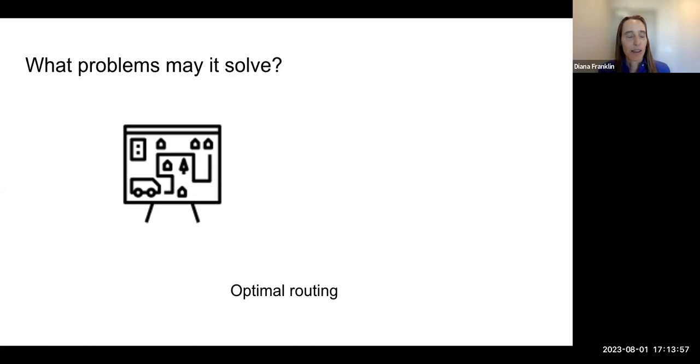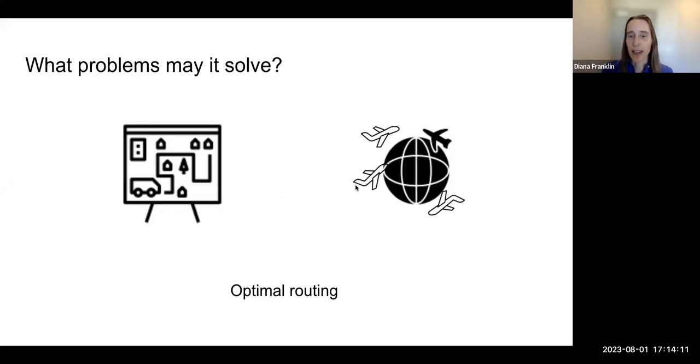And the question is, in what order should those be delivered to minimize the distance or minimize the amount of time or whatever, as well as if we are an airline and we're trying to figure out what all the routes should be so that the airplanes can come back to the right places, and you have your flight attendants and pilots and they need to get back to the same place. So trying to schedule all of that is incredibly time intensive for classical computers, but it's believed that quantum computers might be able to do that more quickly.